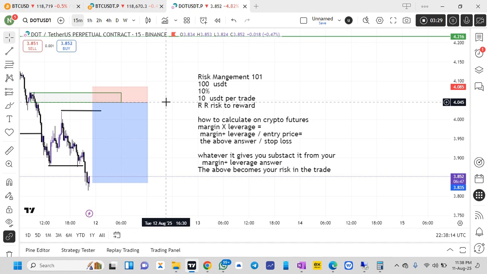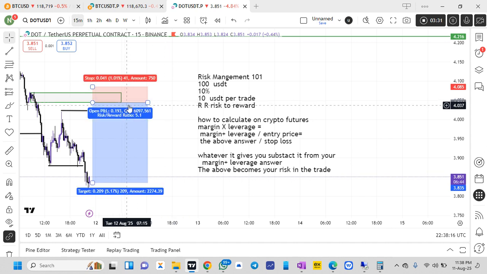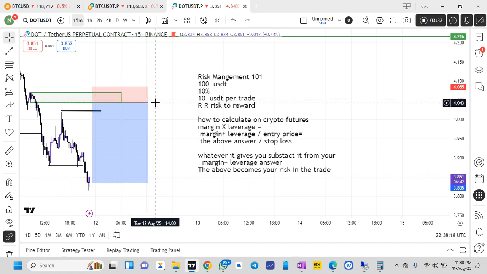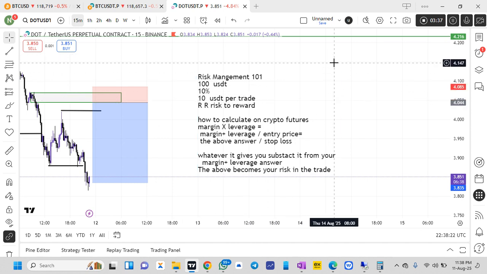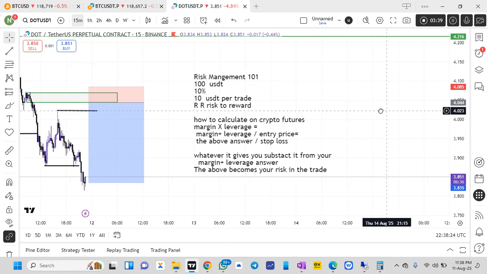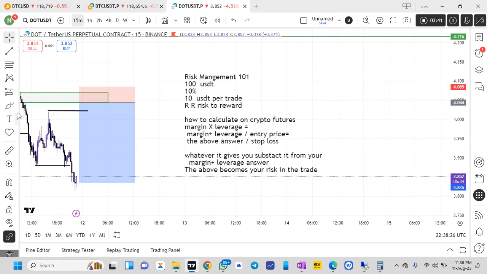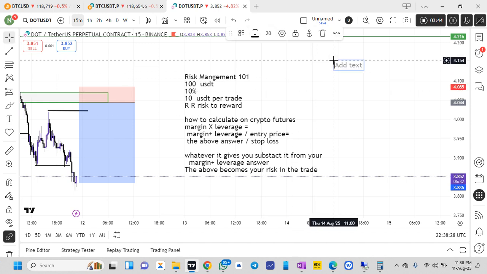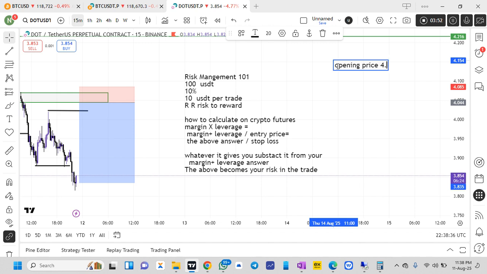Now you want to know the opening price. In this case, the opening price, which is also your entry, is 4.043.